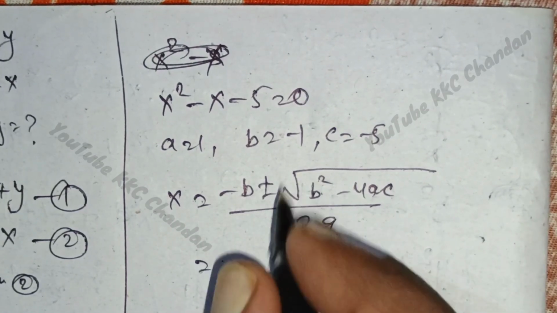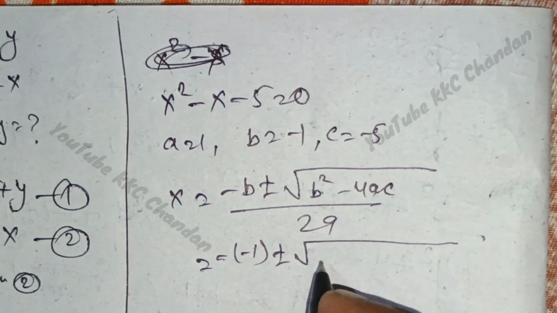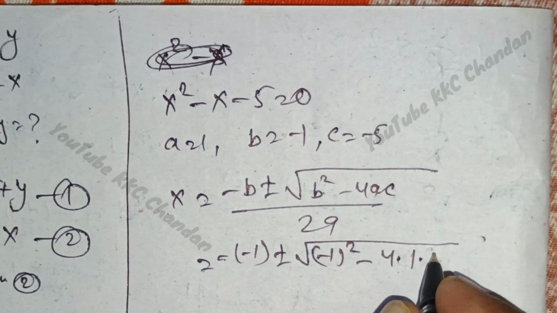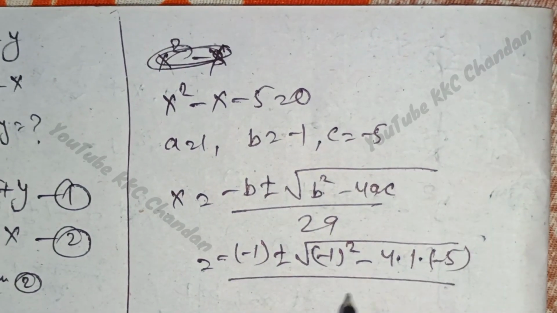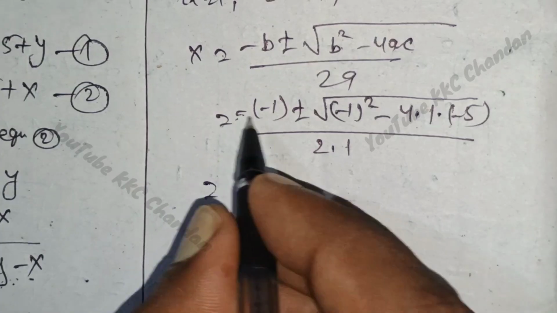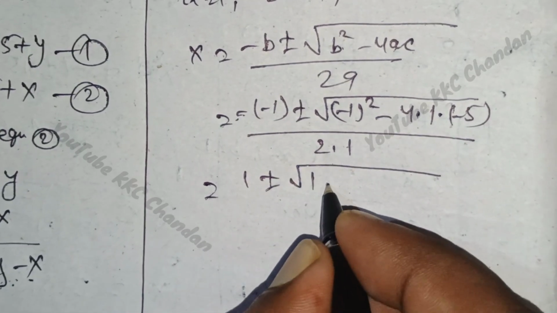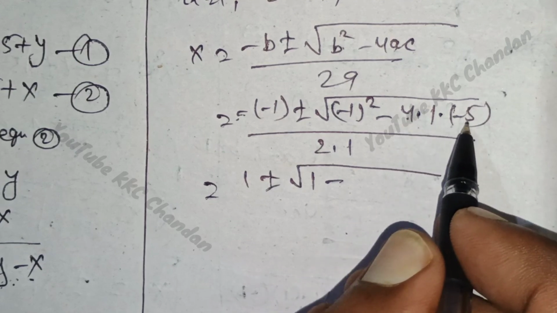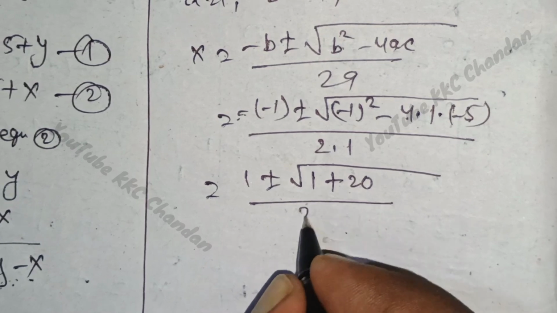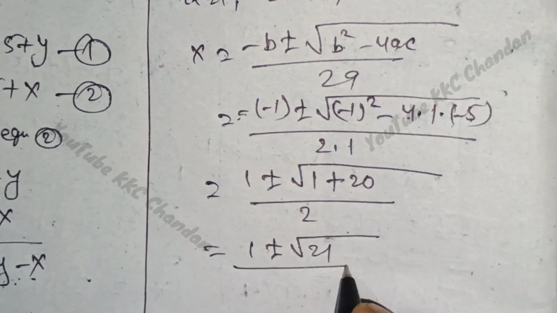Minus b value, minus of minus 1, plus or minus root under (minus 1) square minus 4 times a value 1 times c value minus 5, divided by 2 times a value 1. Next, 1 plus or minus root under 1 plus 20, divided by 2. Therefore 1 plus or minus root under 21 divided by 2.